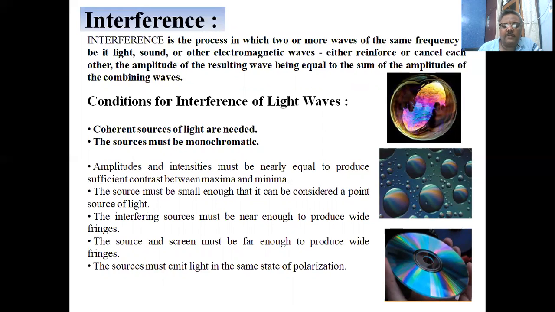The source and its screen must be far enough to produce wide fringes. The source must emit light in the same state of polarization. We can see these very dependencies when we calculate the path difference in the experiment to come, and when we arrive at the formula for fringe width.